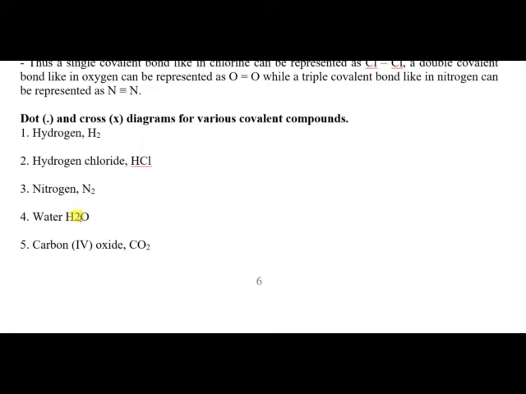This one is covalent because it involves non-metals, as you can see. These are non-metals for water. Carbon dioxide is covalent bonding. Therefore, we are going to draw all of this. I'm going to take you through drawing these ones and you will see how simple they are. Let us move down.